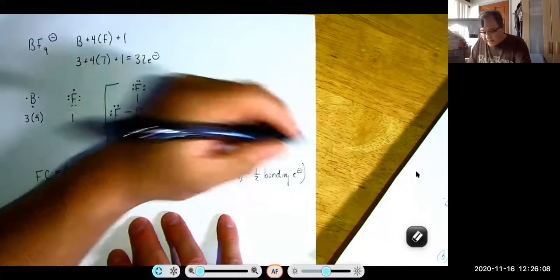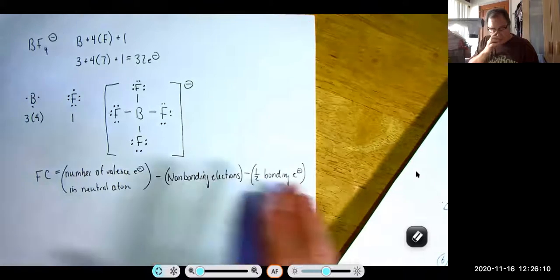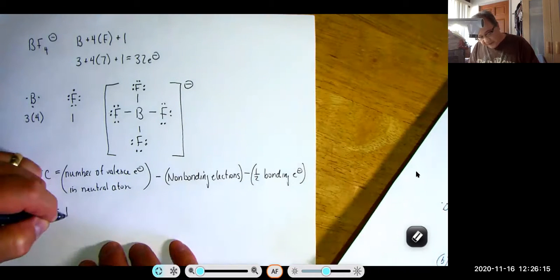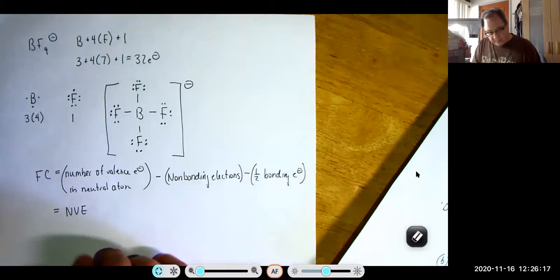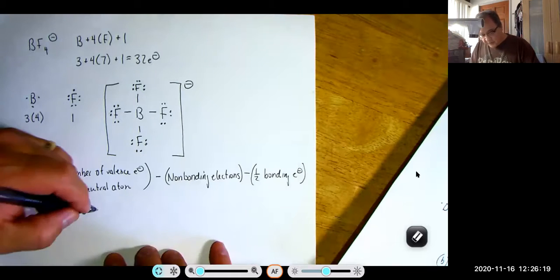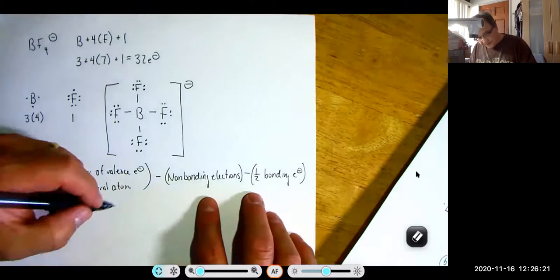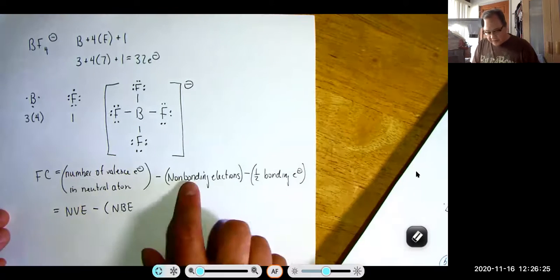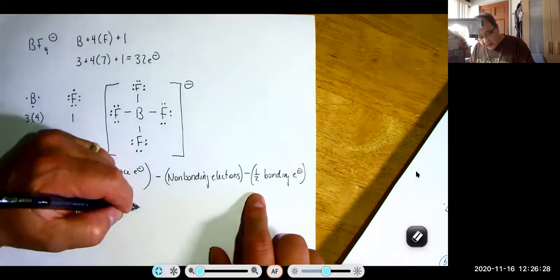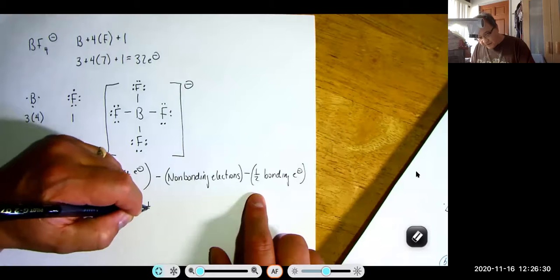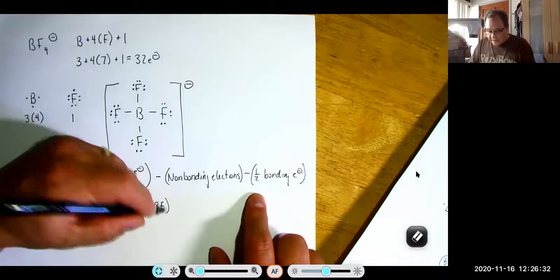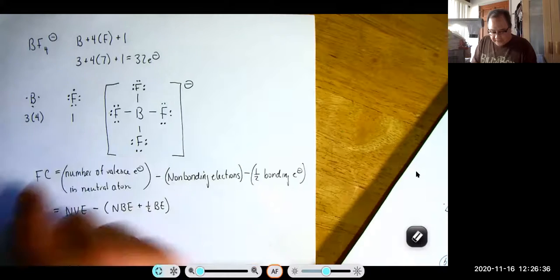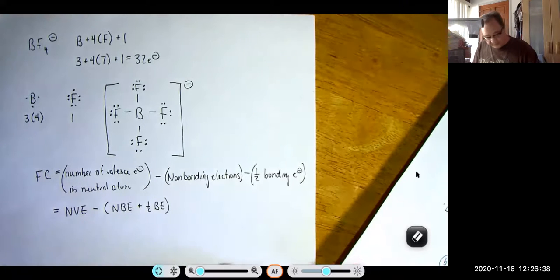So this is if you want to have a formula for getting this. The way the book puts this is you have NVE, the number of valence electrons, and then what they do with this is they do this: NBE, non-bonding electrons, and then plus 1/2 of the bonding electrons. So they kind of combine these two together and take the negative on the outside. This is what they have for the formula.